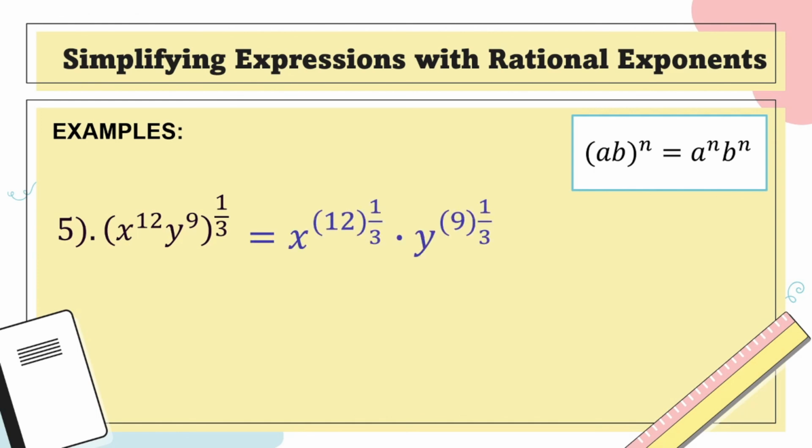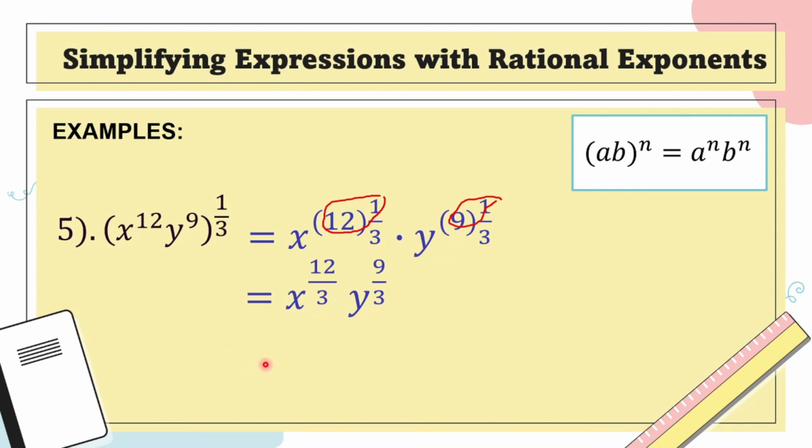So we take each one inside the quantity: x raised to 12 multiplied by 1/3, times y raised to 9 multiplied by 1/3. Whole number times fraction again, so we multiply 12 and 1, and 9 times 1. Now let's simplify. 12 times 1 is 12 over 3, so we have x raised to 12 over 3, then y, 9 times 1, that is 9 over 3.